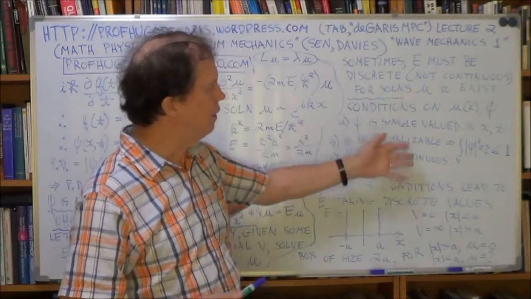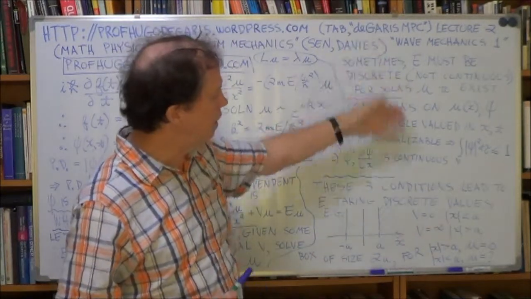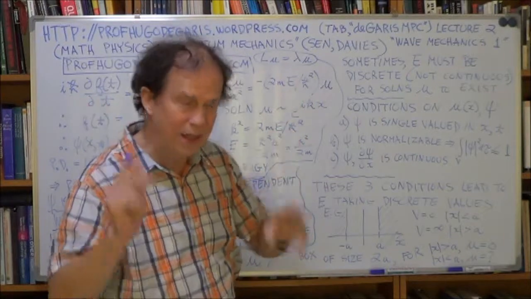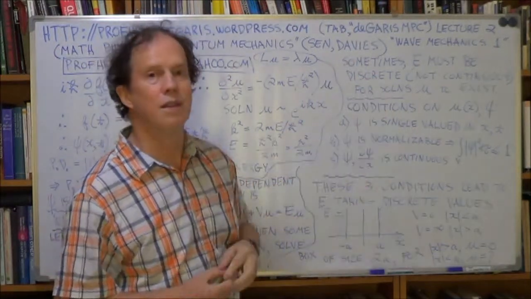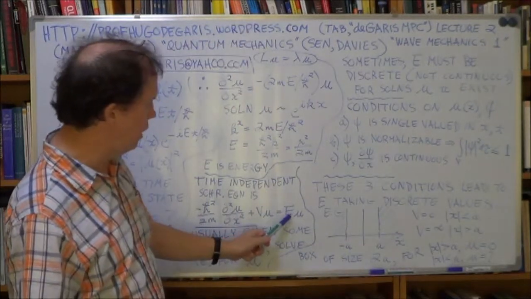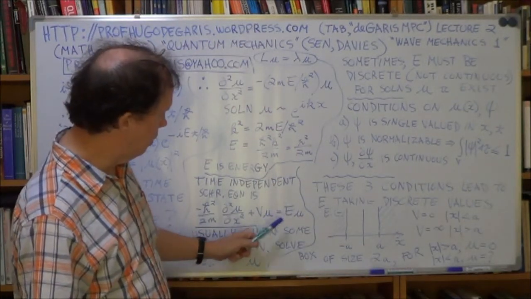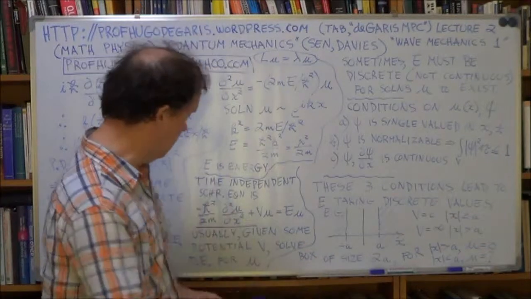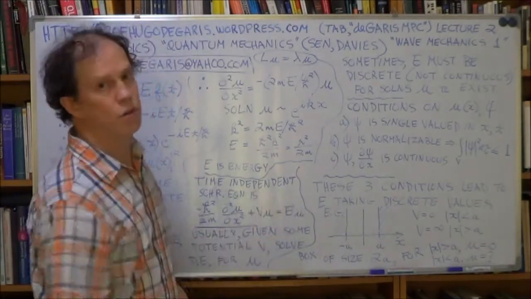That was his picture. And here now you get mathematically the prediction that only certain energies, and hence only certain wave functions, are allowed. It just comes out of the mathematics of Schrödinger's equation.